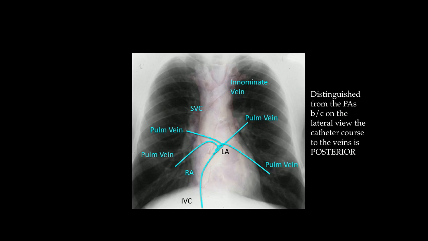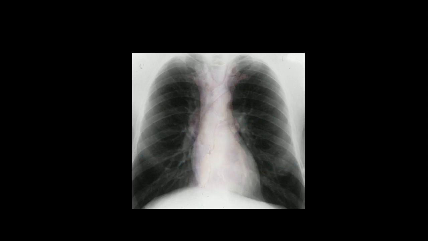If you end up in the lung, you most likely went across an atrial septal defect into the LA and then found your way into a pulmonary vein. Otherwise you go up IVC, RA, now you're going to the right ventricle and out the outflow tract. And so now you're in the lung again, but you can see this is a catheter course through the MPA and into the branch PAs rather than the pulmonary veins.